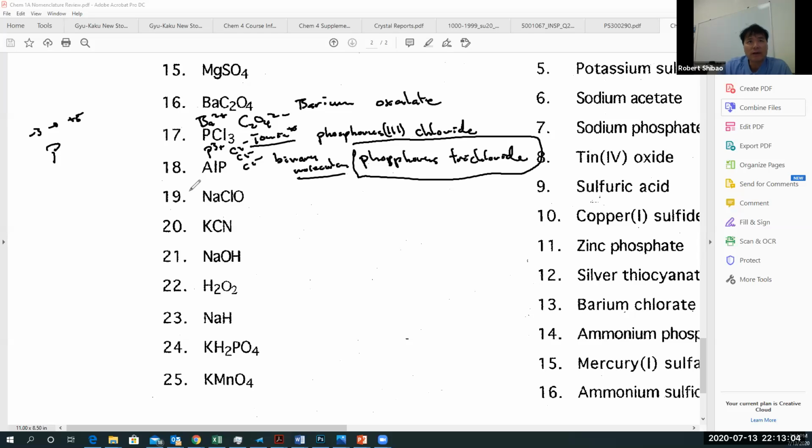And that means we can figure out the charge on phosphorus. If aluminum's +3, then phosphorus must be 3-. And so AlP is called aluminum, no Roman numeral necessary here, phosphide. So we just changed the ending. It's a monatomic anion, and the charge is off the periodic table. So aluminum phosphide.